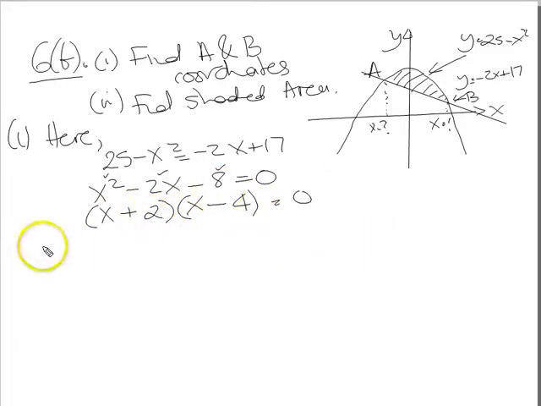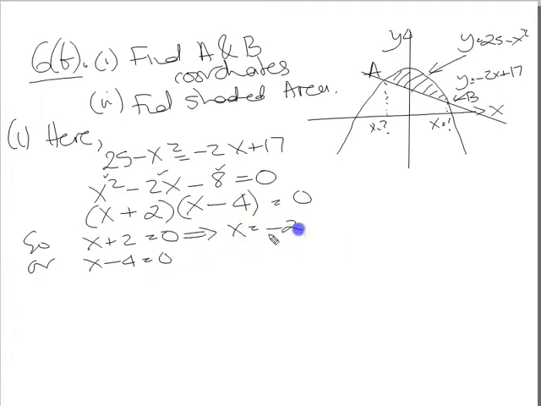Good, that's fine. So x plus 2 equals 0, or x minus 4 equals 0. This gives x equals minus 2, doesn't it? As a coordinate, and this one gives x equals 4. Okay, there's our x values then.